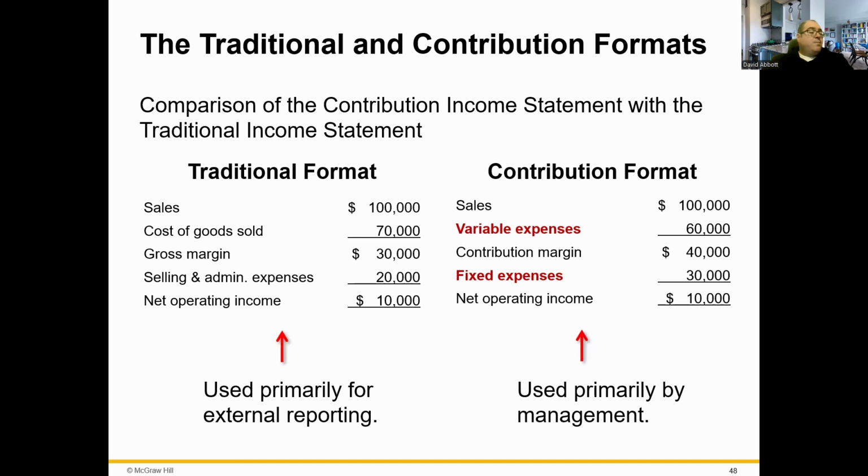Sales minus the variable costs gets us what is called our contribution margin. That tells us how much is contributing to our bottom line. And then the contribution margin minus our fixed expenses gets us our net operating income.